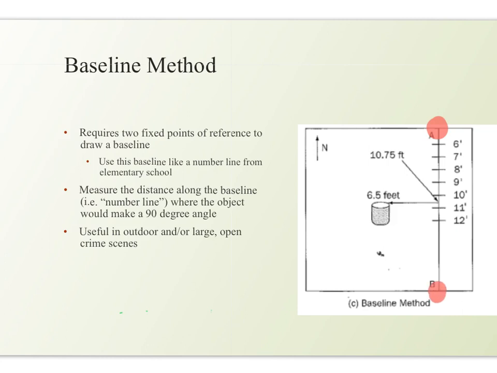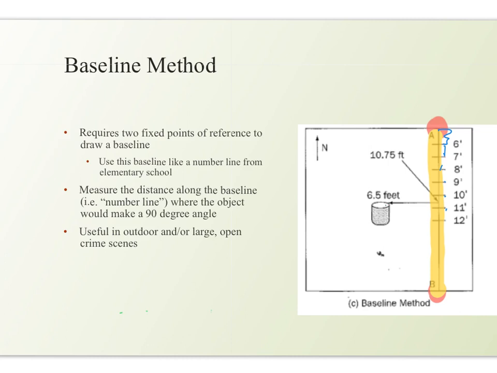Then we have a baseline that connects the two. It's an imaginary line. What they're saying is the distance from here to here is 6 feet, 7 feet, 8 feet, 9, 10, 11, and 12 feet. This is the object that you're wanting to measure and to look at.